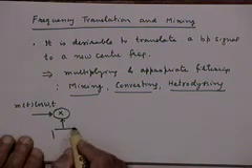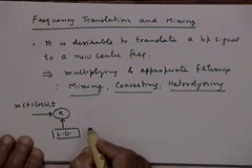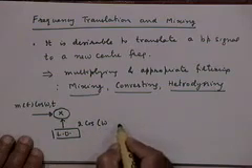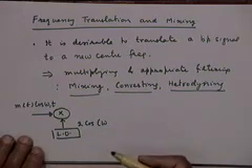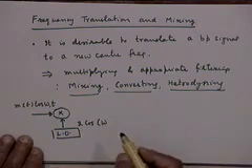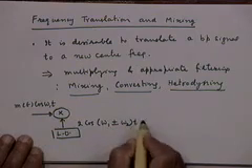I should have a local oscillator. What should be the frequency of this local oscillator? Either ω1 minus ω2 or ω1 plus ω2. Any one of the two will be fine, right?